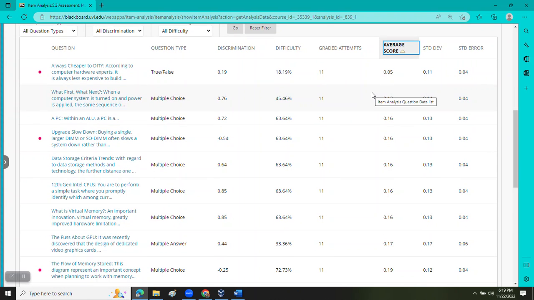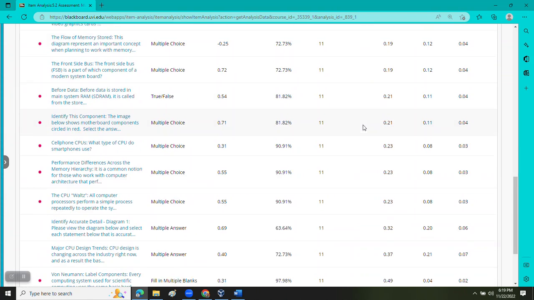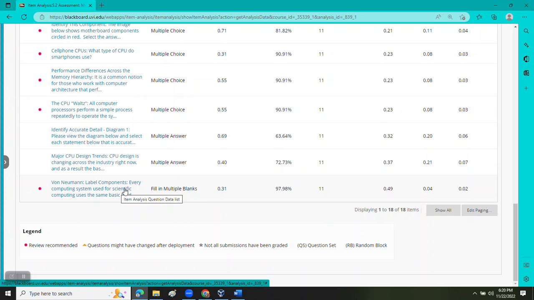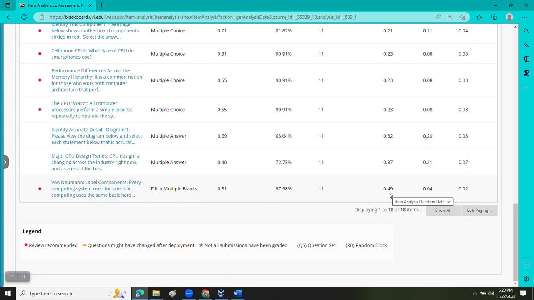We want to run down the column here until we reach a point where it looks like everyone has items correct. The von Neumann diagram, where we filled in the blanks, appears to be the one that most everyone answered correctly.